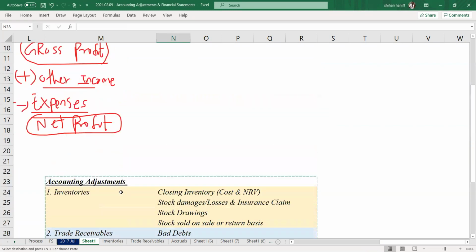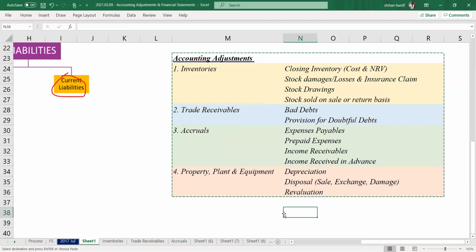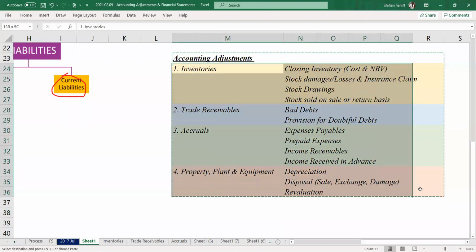Right. So next, I need to explain one by one. Before that, we'll do a basic complete question. Once you have an overall picture about preparation of financial statements, I will explain the adjustments one by one.